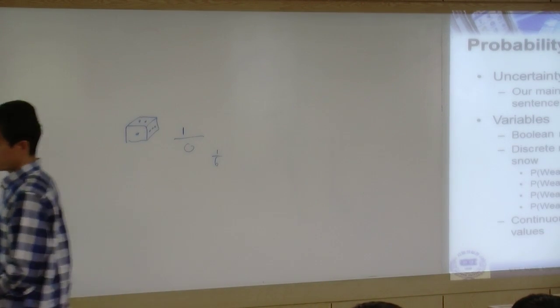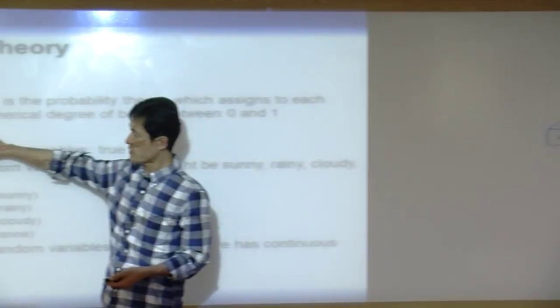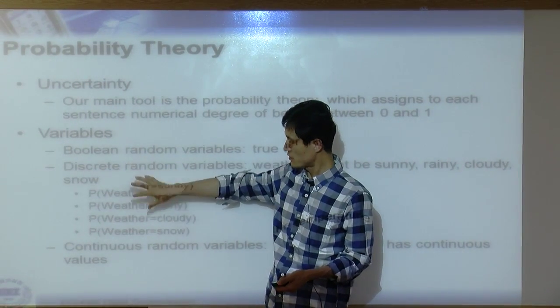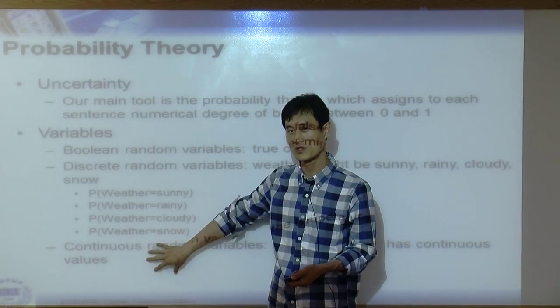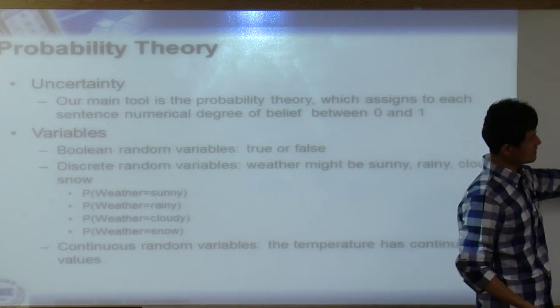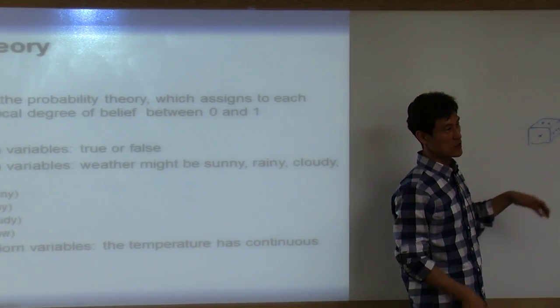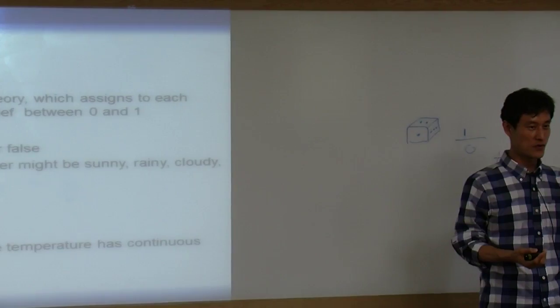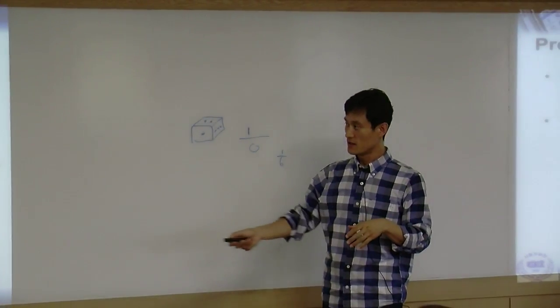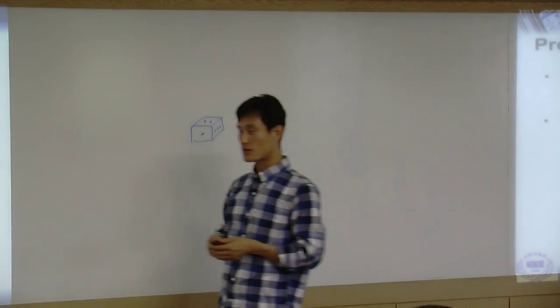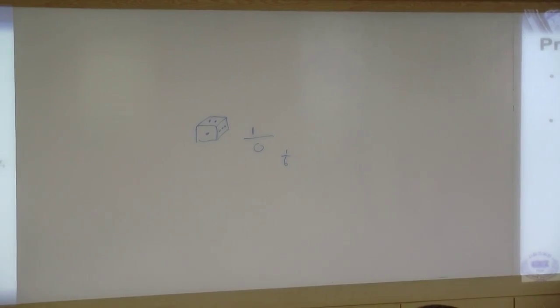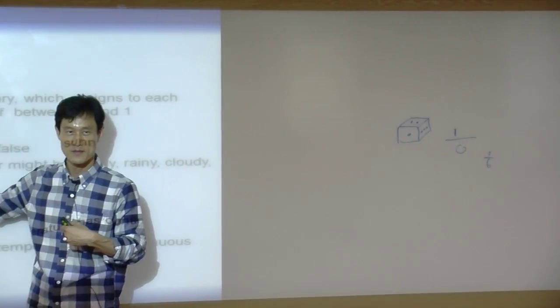For the variable, sometimes we have a discrete random variable, sometimes we have a continuous variable. The dice is discrete, because the total case is only from 1, 2, 3, 4, 5, 6. In this case, again discrete, because I consider that weather is only 4 of them.